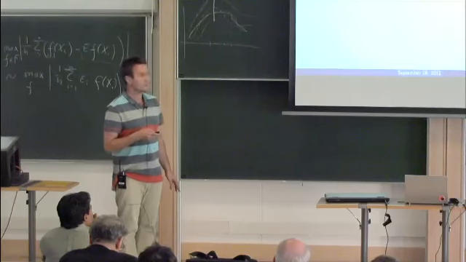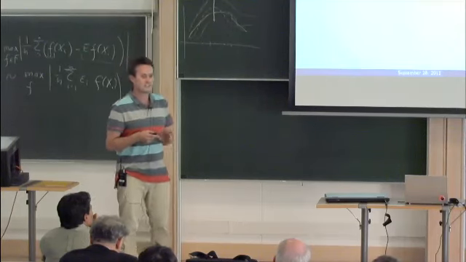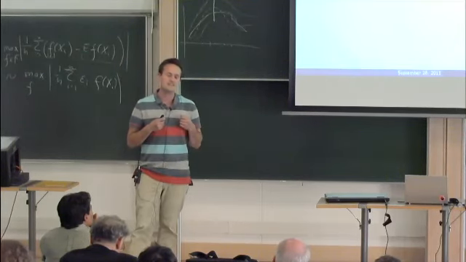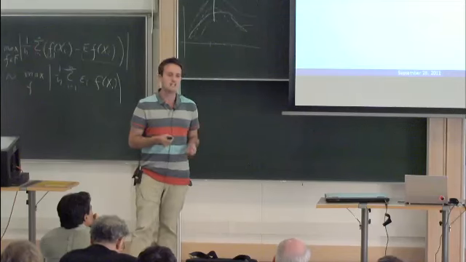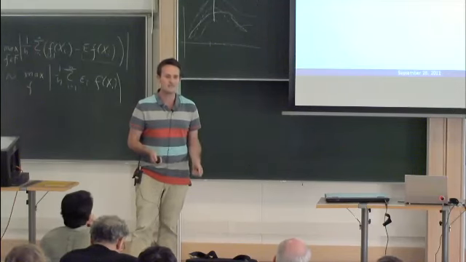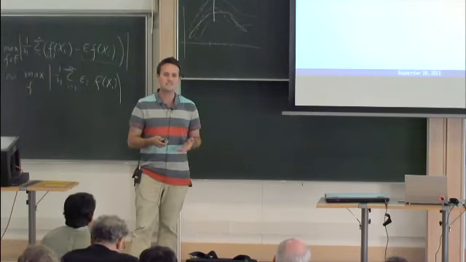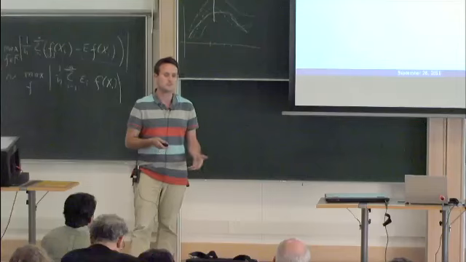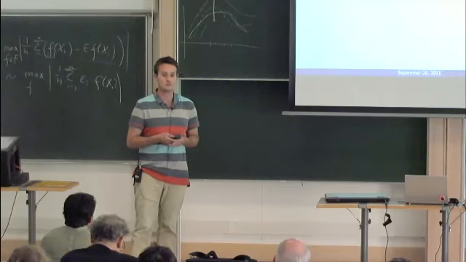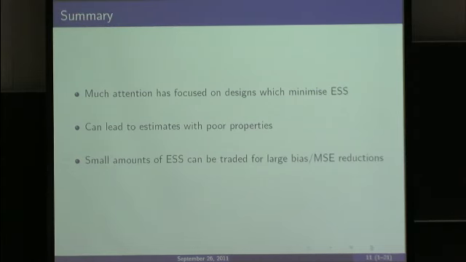So just to summarize, much attention has focused on choosing designs which minimize the expected sample size, and for very good reason, because you're minimizing the number of patients that you need to treat with an experimental treatment in order to show whether it works or not.